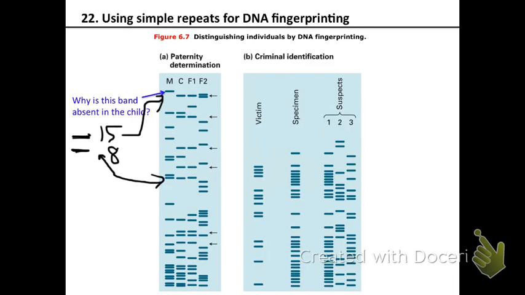And when the child is born, it's going to take 1 copy from the mother and 1 copy from the father, right? So it's going to have a combination pattern. And the child happened to take the allele containing the 8 copies, and not the 15. So the child does not have this band, but it actually has this band for that given locus. Does that make sense?